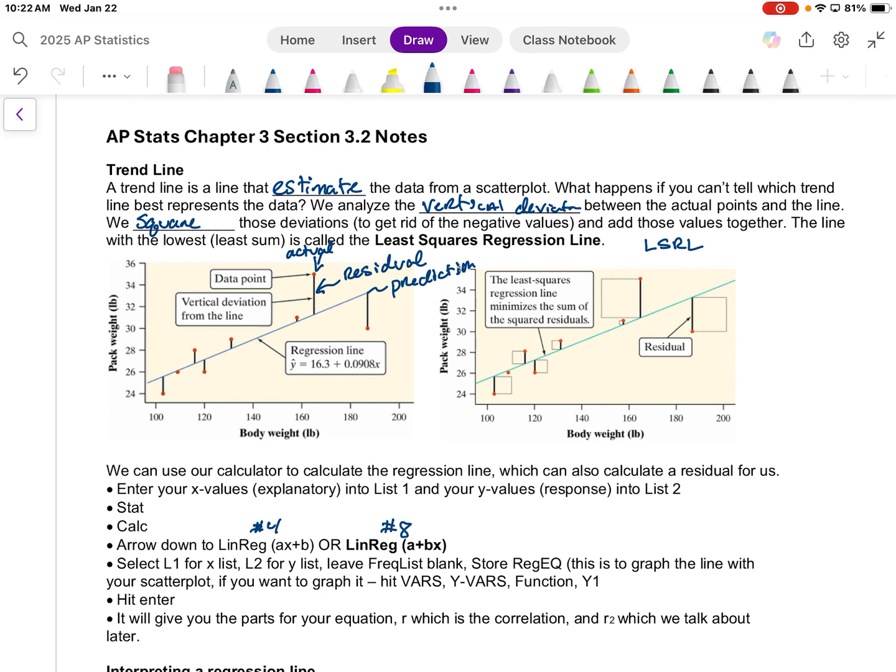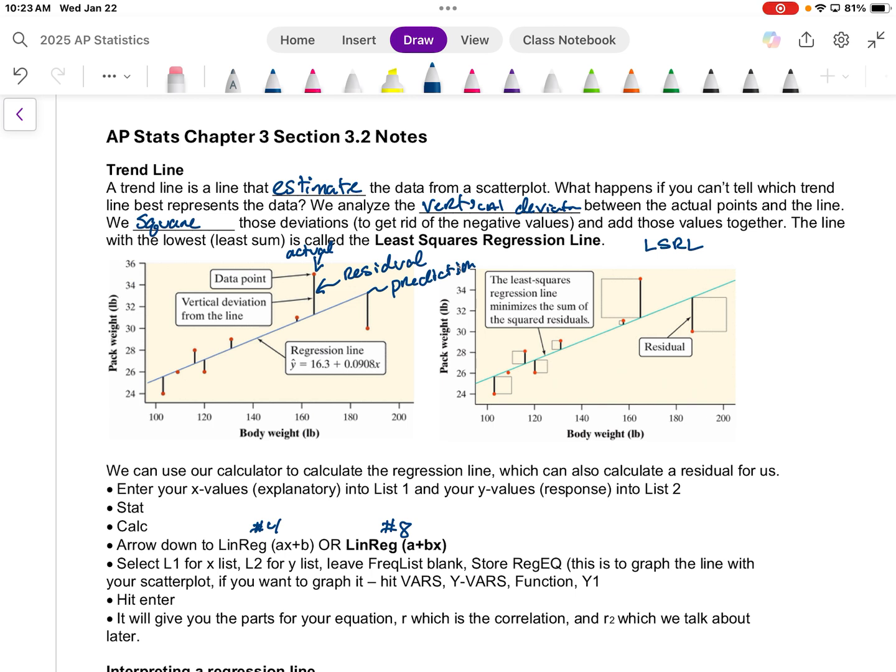In the AP stats world, they prefer the y-intercept written first. If you get in the habit of using option 8, then we have it in the right setup to write down as an equation when we pull the numbers out.